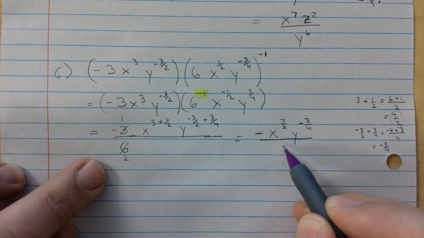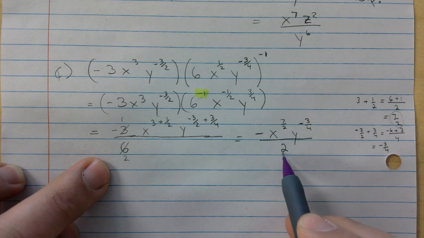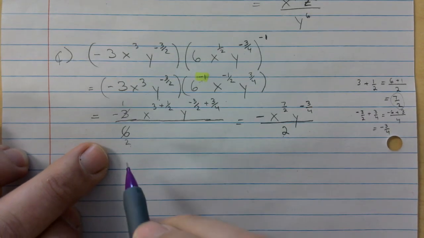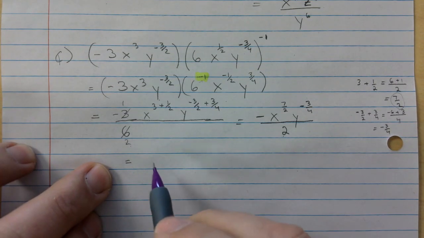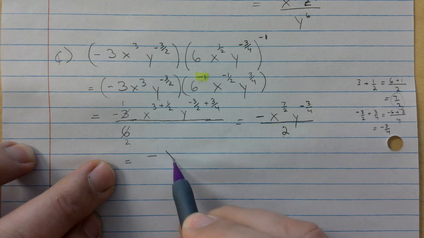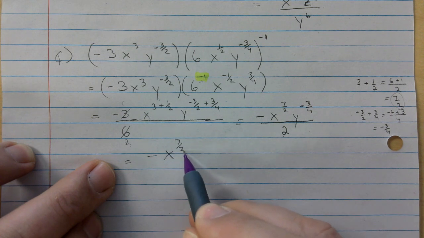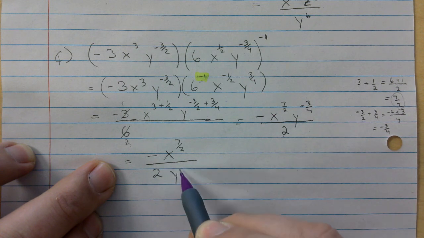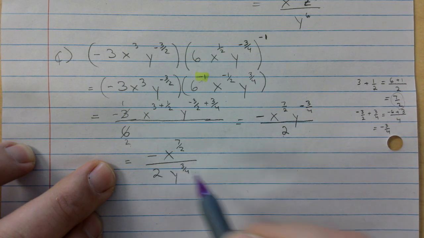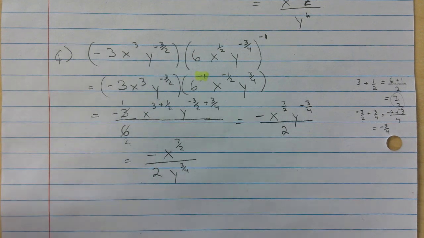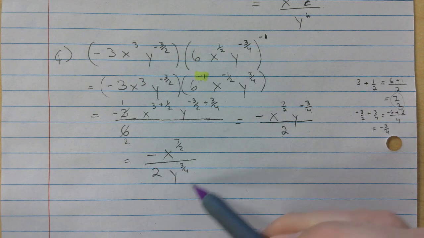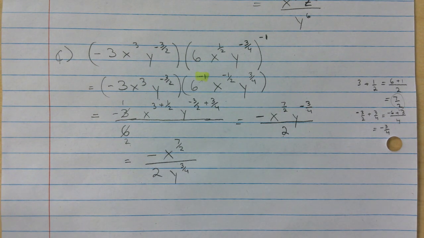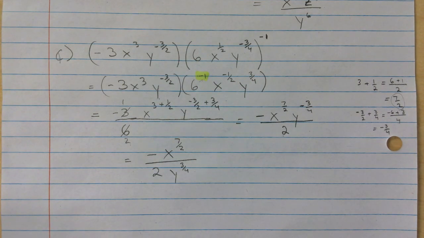All of that over 2, right? Because that 2 comes with you. And then you have negative x to the 7 over 2 over, we're going to bring this down, 2y to the 3/4. This is a very ugly result, but as long as you apply everything consistently, it should work out.